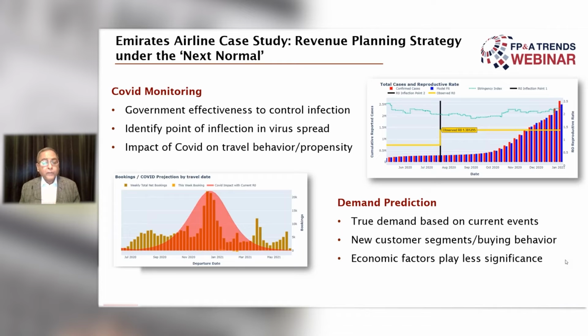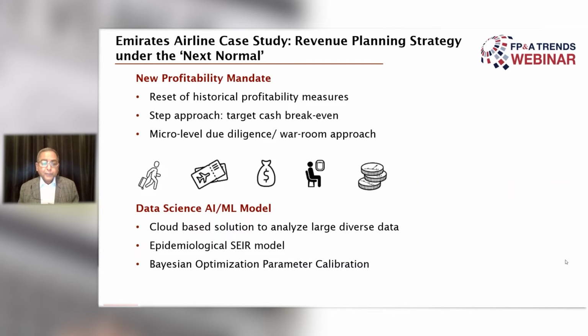If you move on to the next slide, the critical part of it is to set a new profitability mandate. In the context of an airline industry, which is a highly capital intensive industry, very high cost, the fixed cost is a significantly higher proportion. So it starts at a very high level.